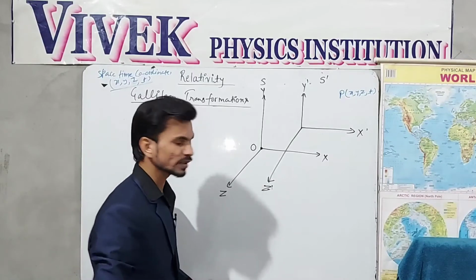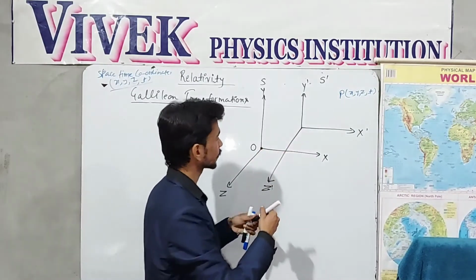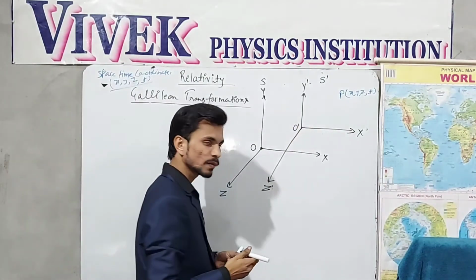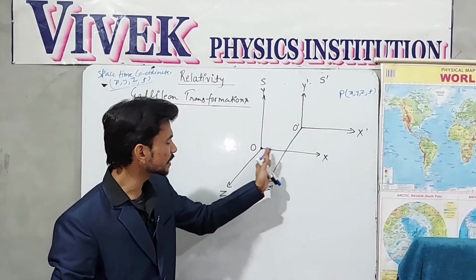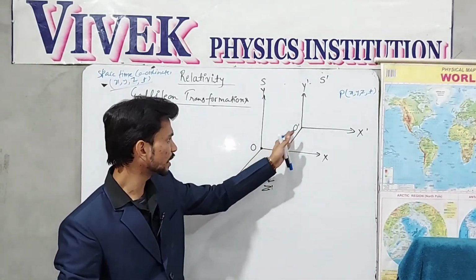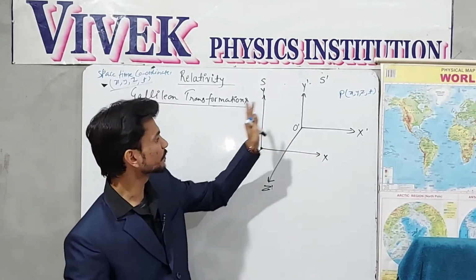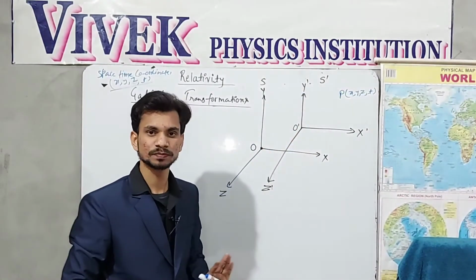So let us say that after time t it is separated from here to there. Let's say this is O dash, the observer in the S dash frame of reference. Let us say O and O dash coincided before time t, and after time t S dash has moved up to this position.